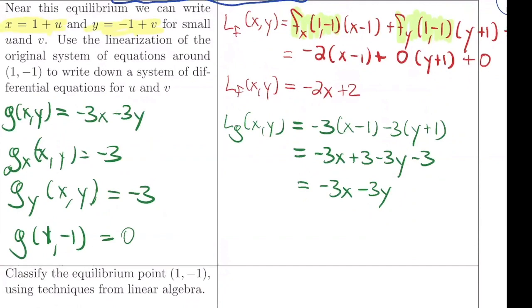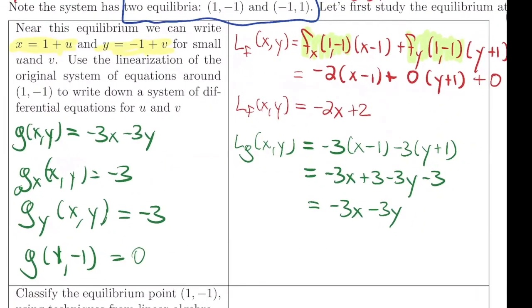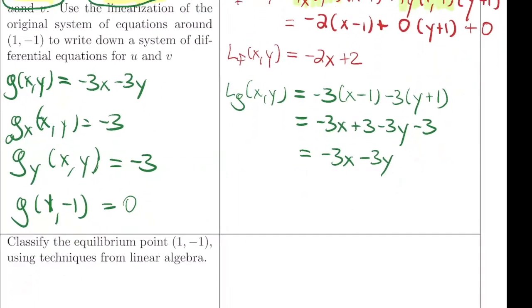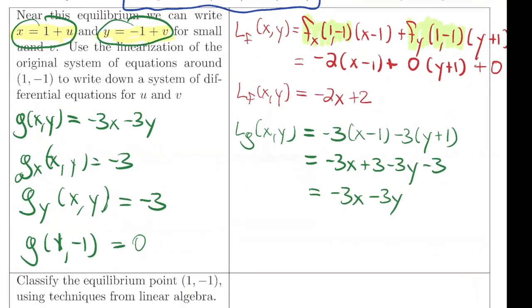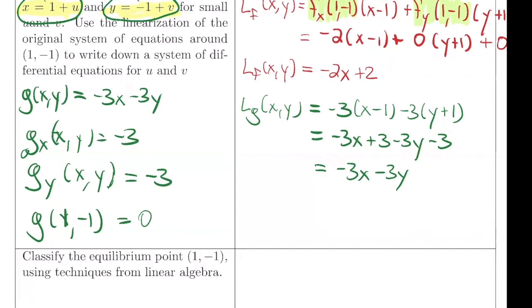And so now what we're going to do is rewrite this system in terms of u's and v's. So I'm going to replace my x's with 1 plus u, and I'm going to replace my y's with minus 1 plus v. The reason is, it's like we're sliding this nonlinear system, which has an equilibrium at (1, -1).